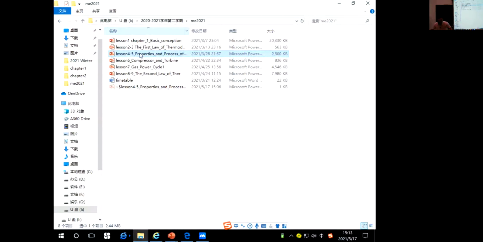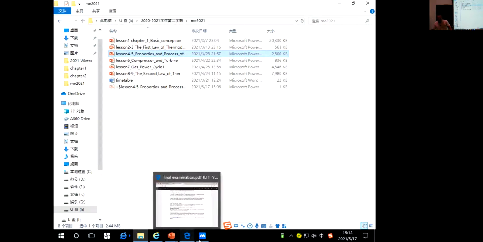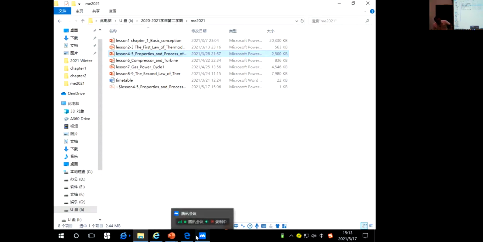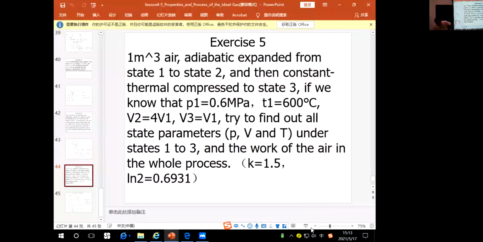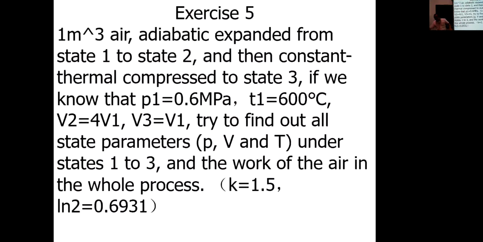Okay, it is temperature here. This is a constant thermal, a constant temperature. Yes. Okay, and it is a constant thermal compression process.